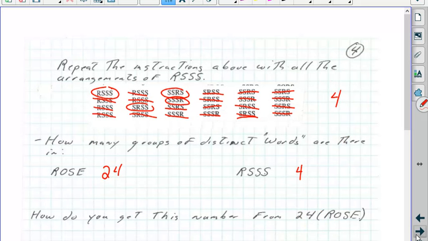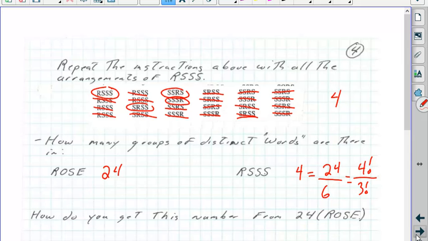Here we have 24. What do we have to do to get to 4 if we start with 24? Well, we need to divide 24 by 6. 24 is 4 factorial. 6 is 3 factorial.